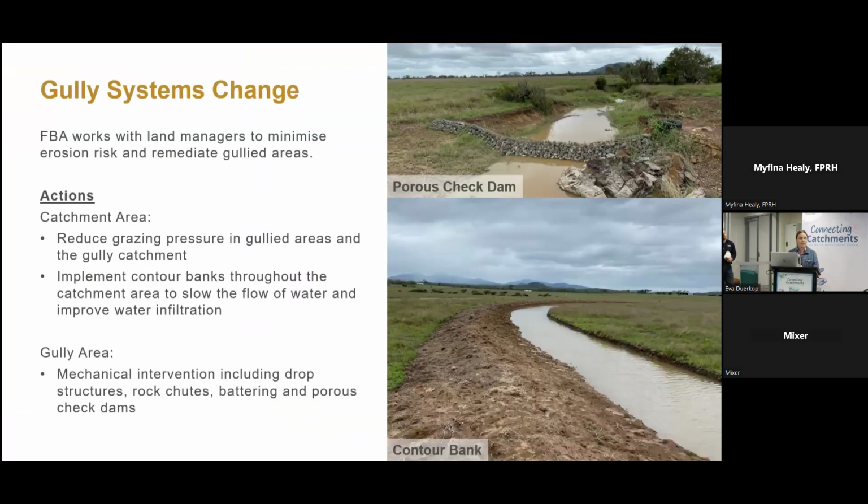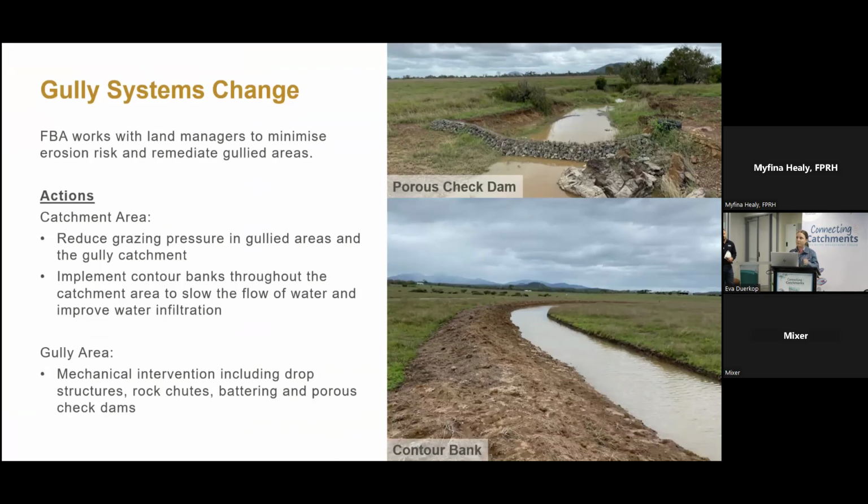Next, we have our gully systems change. So this is another action that landholders can take to reduce the sediment that runs off to the reef. We work with land managers to minimise their erosion risk and remediate gullied areas. These can be in the catchment area, so working with the landholders to reduce the grazing pressure outside the gullied areas.